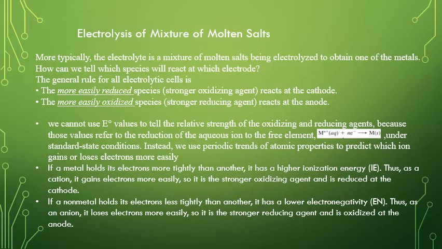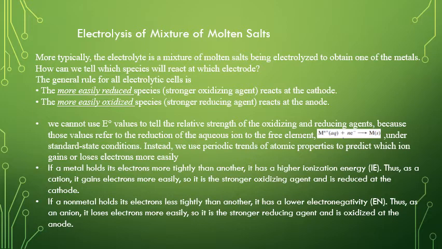If it holds on to the electrons more tightly, then it will be more easily reduced and it will form the solid much more readily. If you have a very low ionization energy, remember that means that it does not require much energy at all to remove the electron from the atom, and so it would very easily undergo the oxidation process.